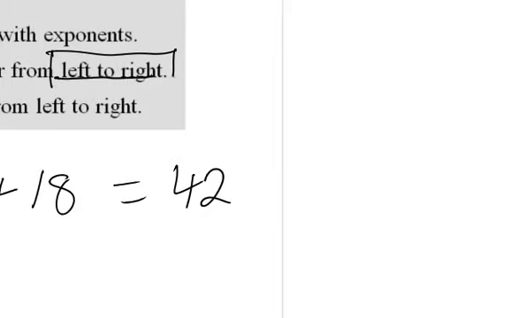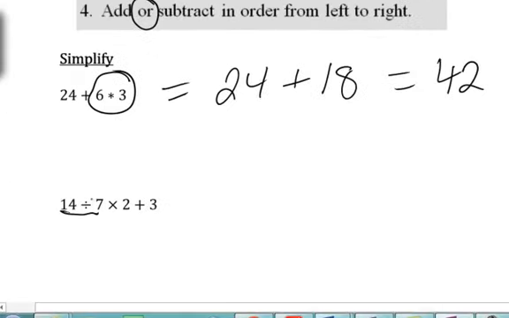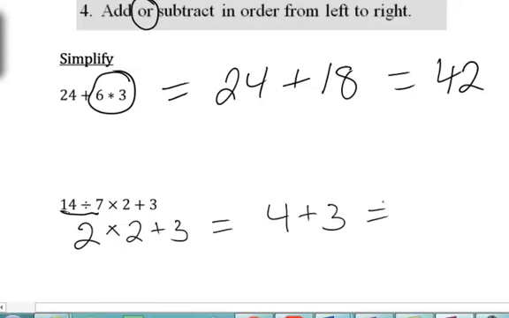Well, according to my order of operations, I need to go in order from left to right. The first thing that I see is 14 divided by 7. Well, 14 divided by 7 is 2, times 2 plus 3. I'm going to continue going in order from left to right. I have 2 times 2. 2 times 2 is 4, plus 3. Now I have adding, so finally 4 plus 3 is 7.